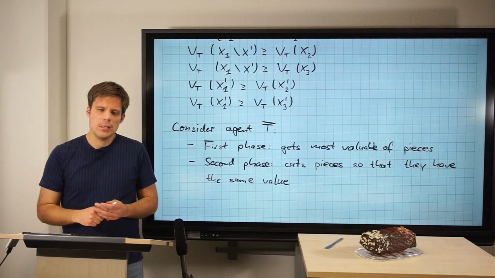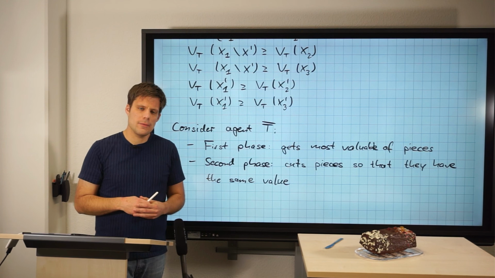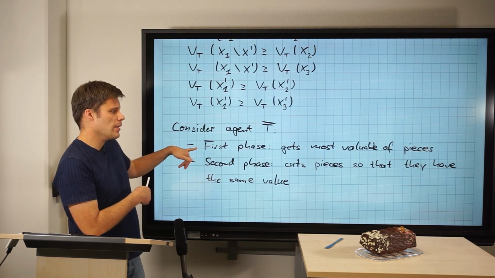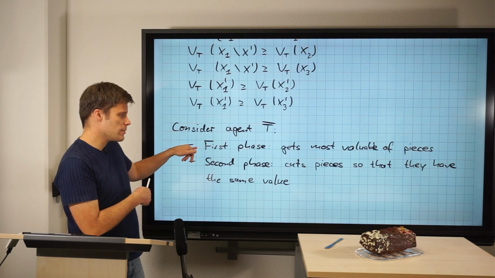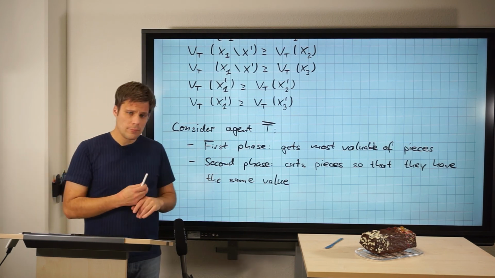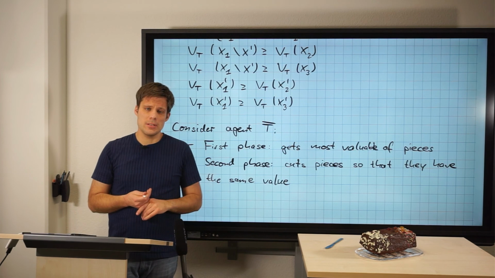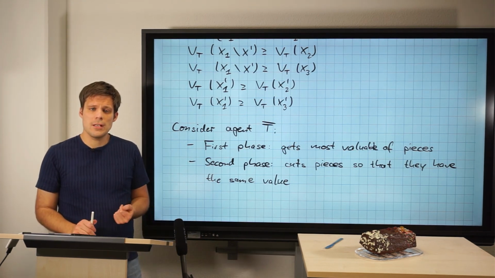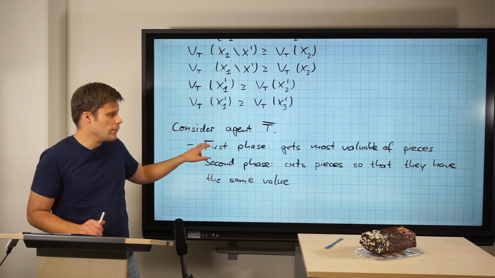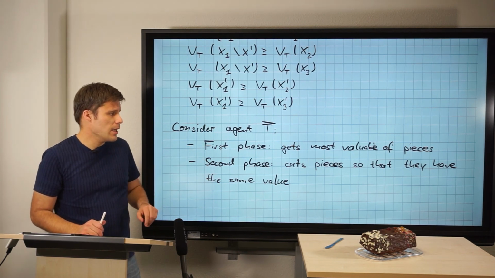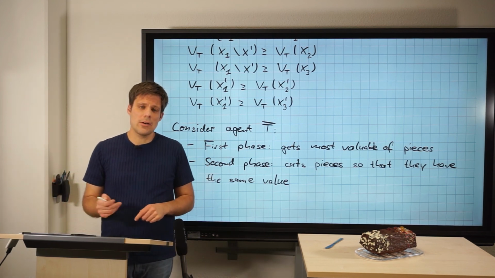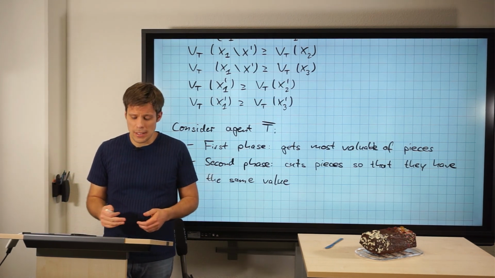So certainly we won't have envy here, because if you get the most valuable of the pieces in the first phase and then in the second phase you were the one to cut the pieces, this means that you won't envy anybody, because they are getting only less valuable pieces in the first phase and only pieces that are as valuable as yours in the second phase.